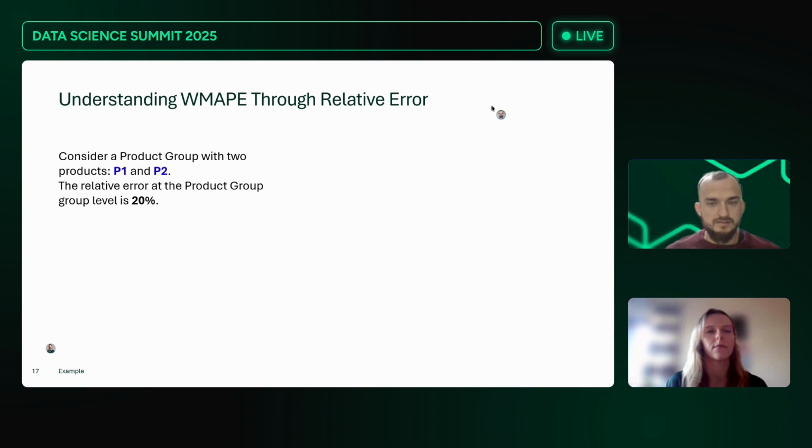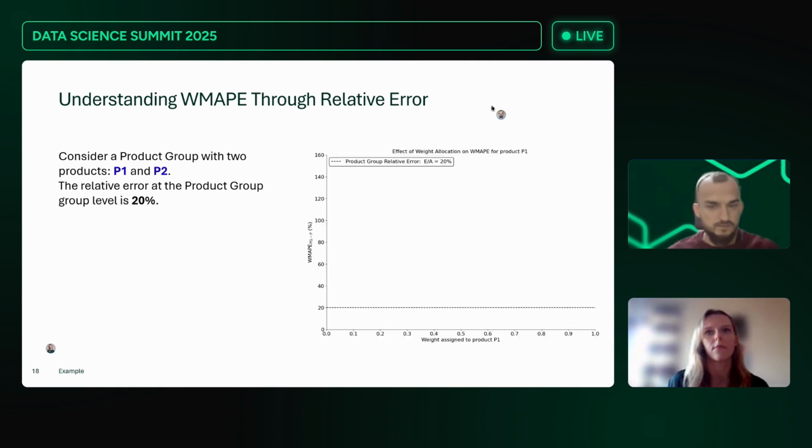And to make this concrete with a simple example, let's consider a product group with two products, P1 and P2. The relative error at group level is 20%, meaning that the forecast overestimates sales by 20%.